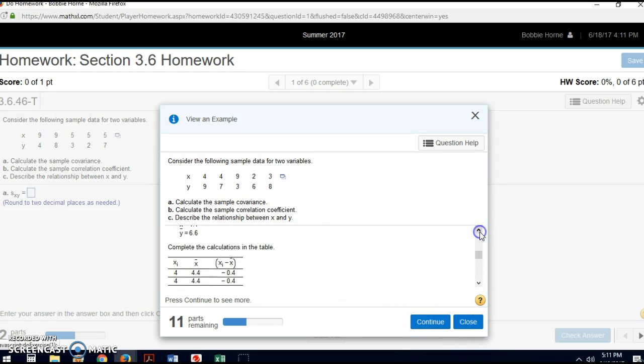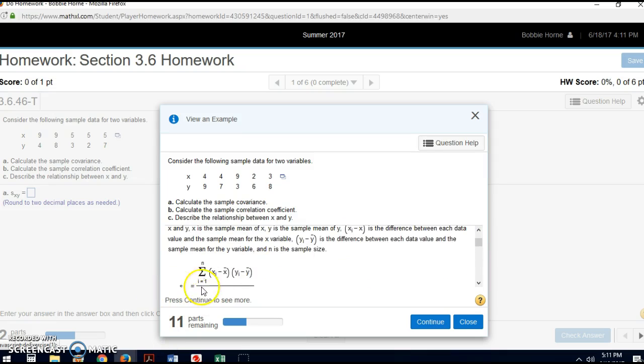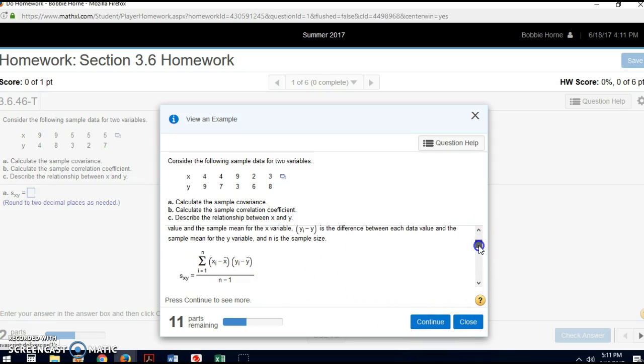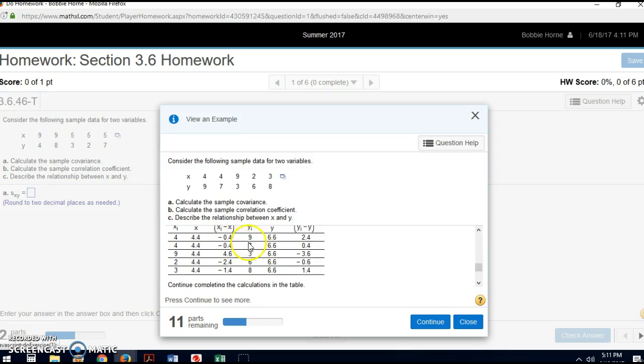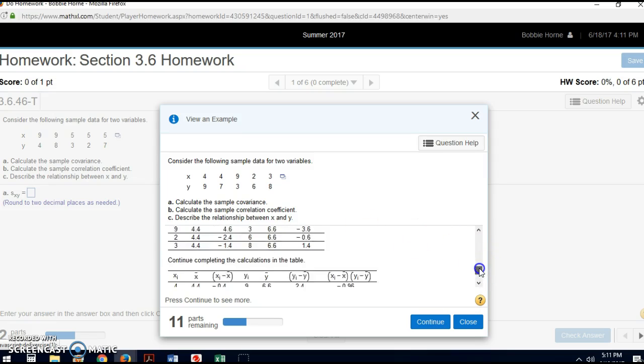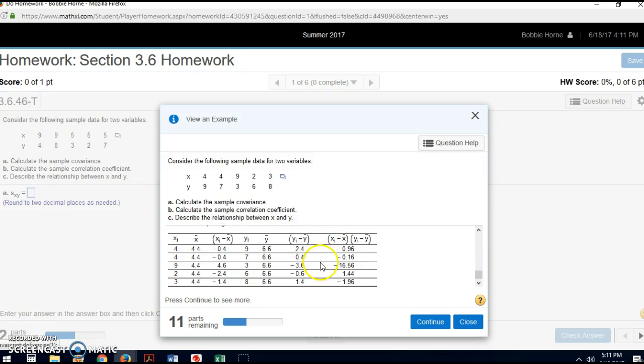If you look back up at the formula, xi minus x, the sum of those. So you're going to take xi minus x times yi minus y, multiply those together, and then divide by n minus 1. Here you can see they've gotten x minus its mean, the x value minus its mean.